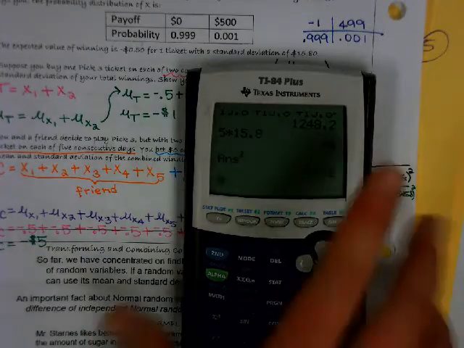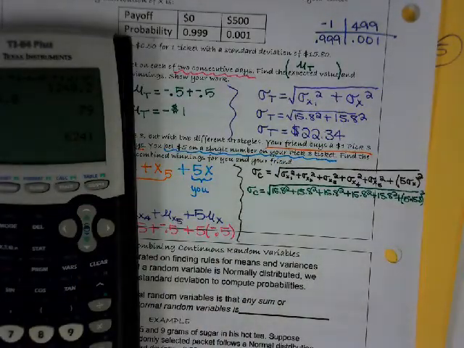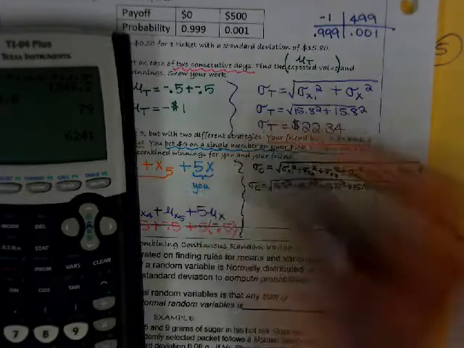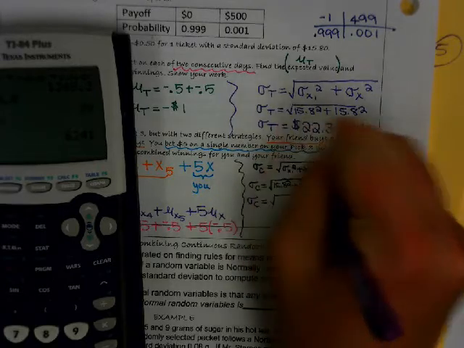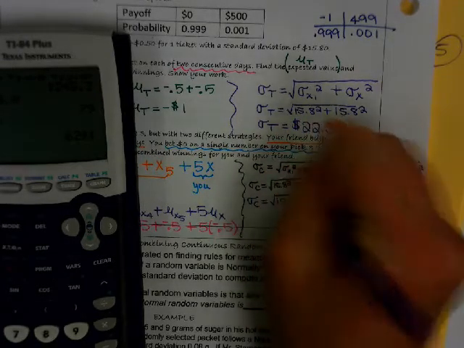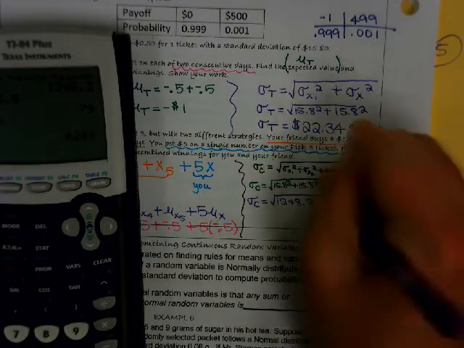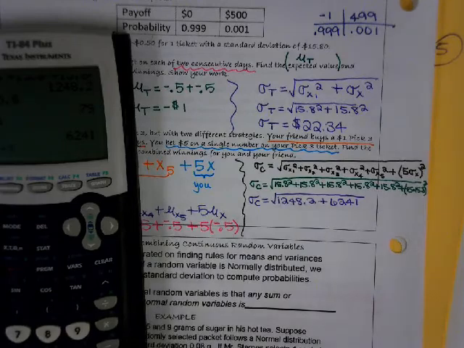So then we have the square root of 1248.2 plus 6241, and then I'm going to square root that.